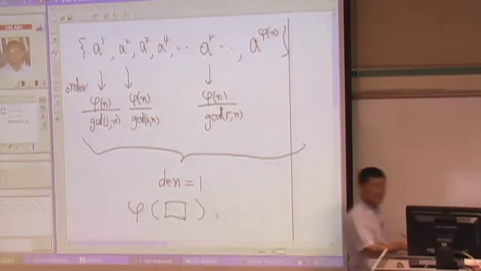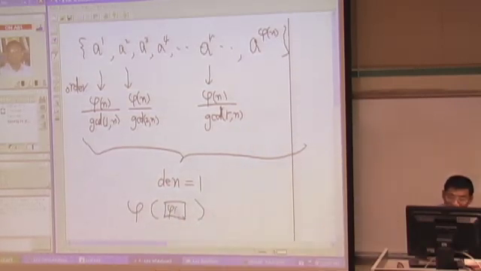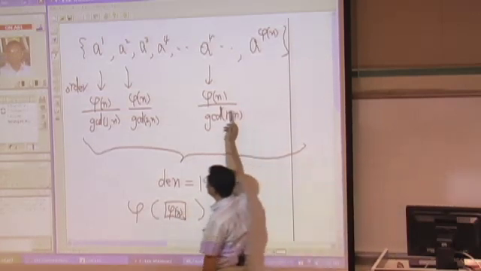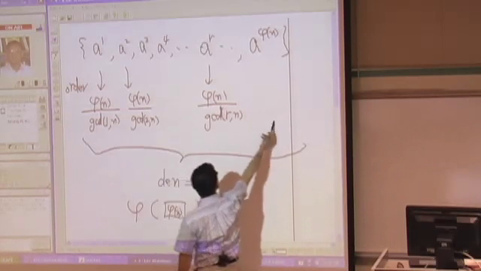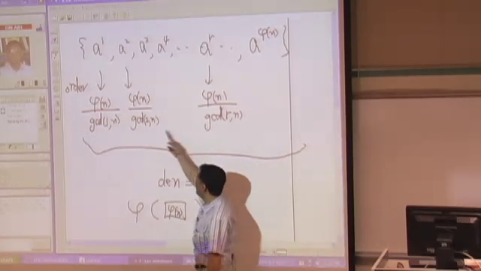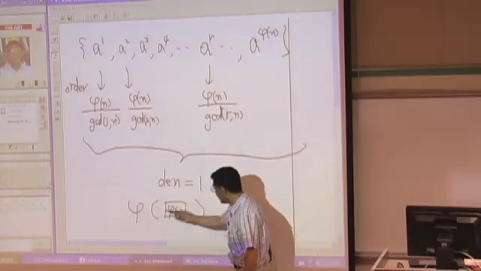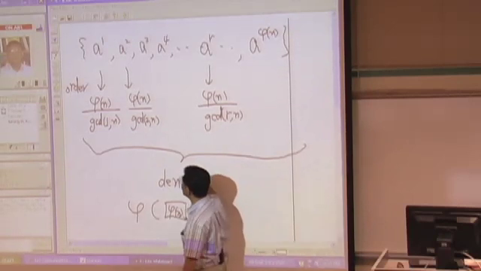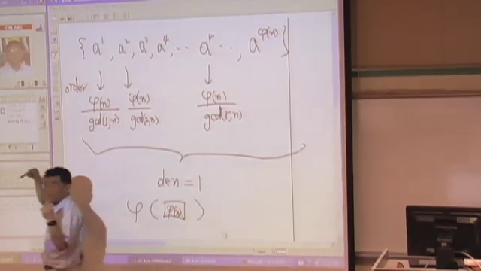And then this number is nothing but phi of n out of these many numbers. So we have a total of phi of n numbers, right? Among phi of n numbers, how many have denominator equal to 1? Phi of this number have denominator equal to 1, GCD equal to 1, relatively prime to n.